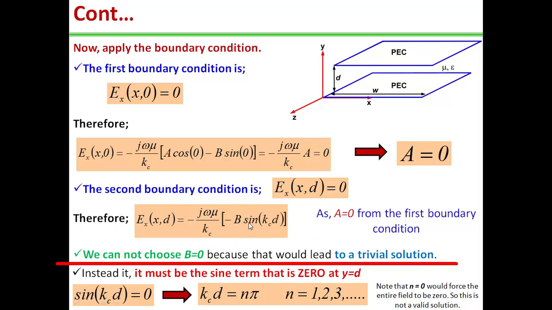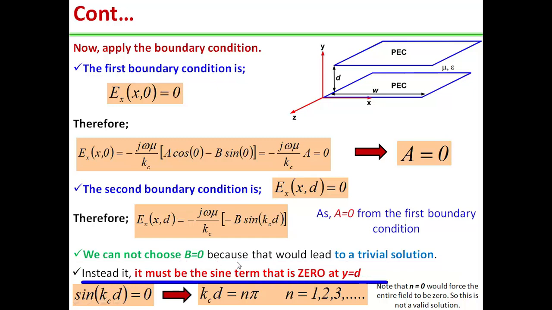From this equation, we cannot choose B = 0 because that would lead to the trivial solution. Therefore, the sine term must be 0 at y = d, so we can write sin(kc d) = 0.